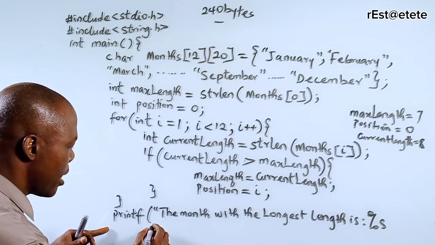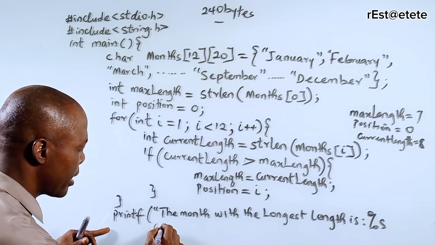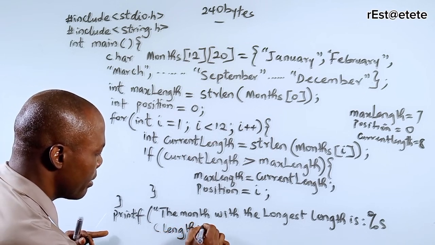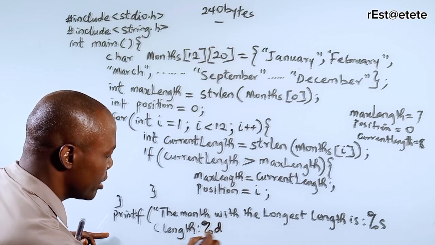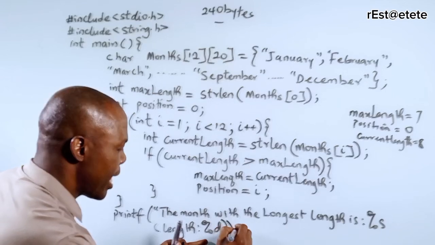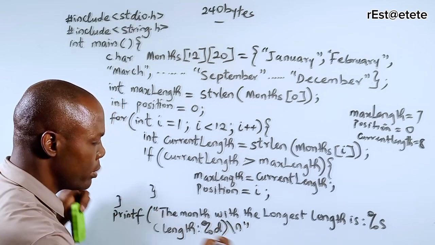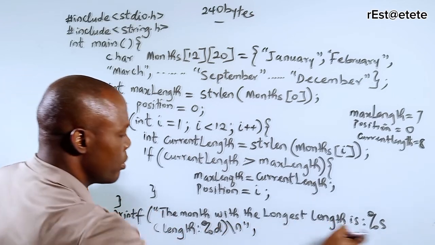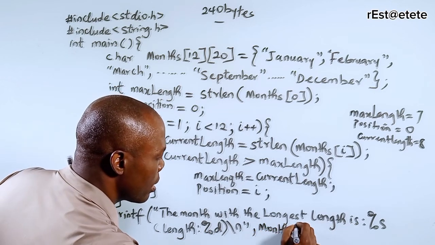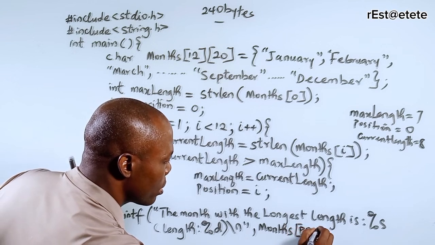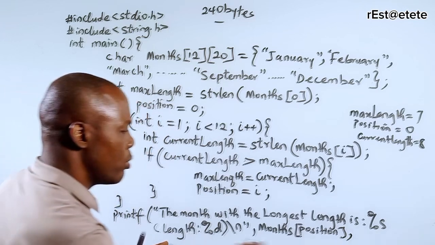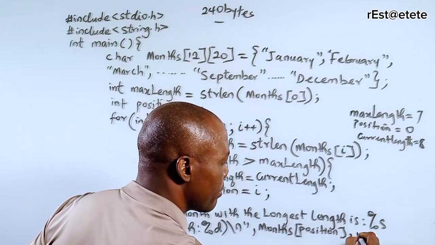Here I'll put in brackets length %d. This one is expecting an integer value, %d \n. Then I close this. So this one will expect month position, whatever the position is, while this one will expect max length.